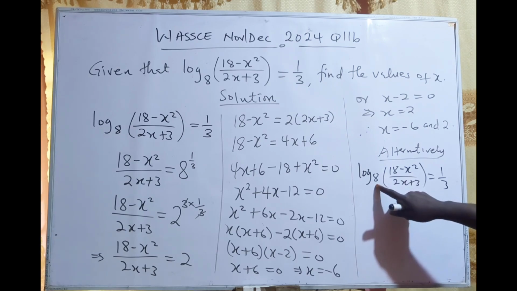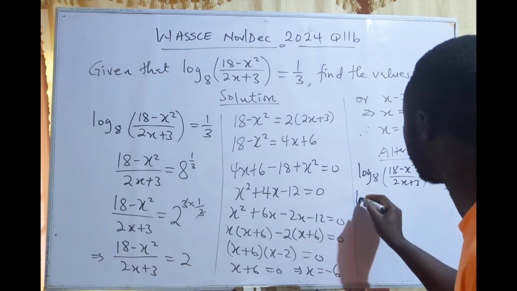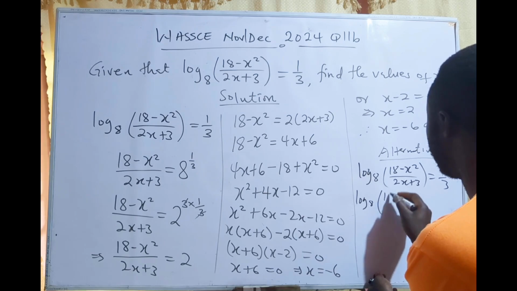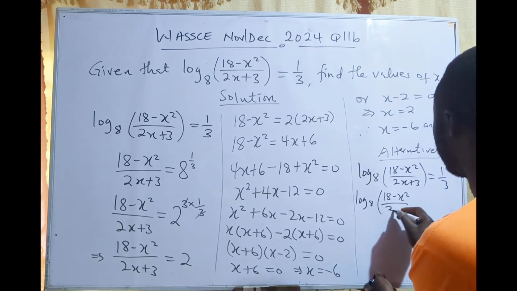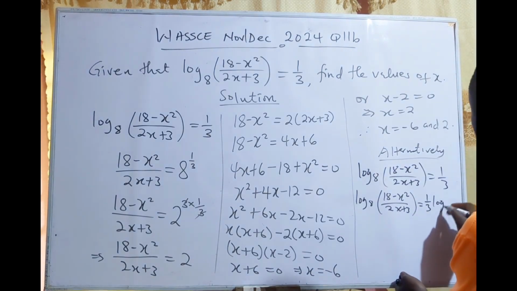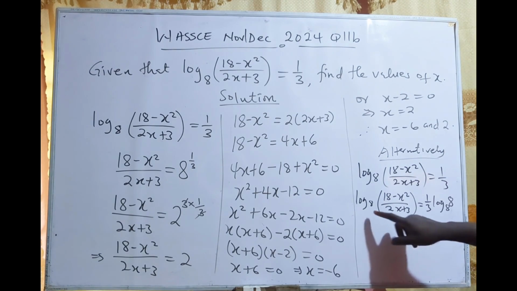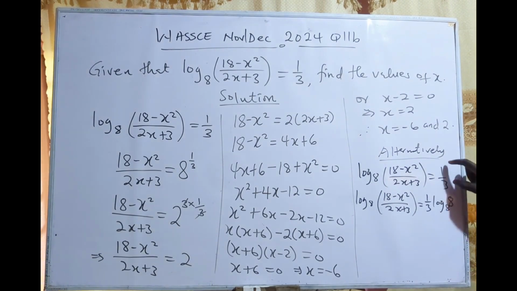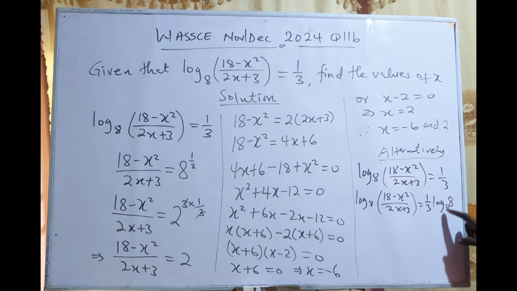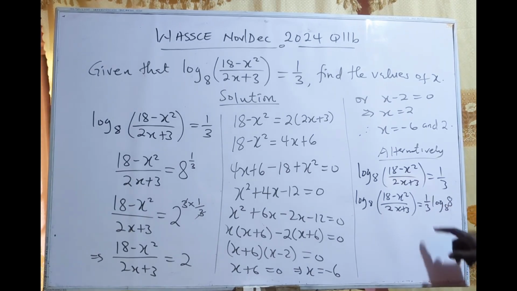The base here is 8, so I can write 1 over 3 as 1 over 3 log of 8 base 8. Log 8 base 8 is 1, so 1 times 1 over 3 still gives me 1 over 3.